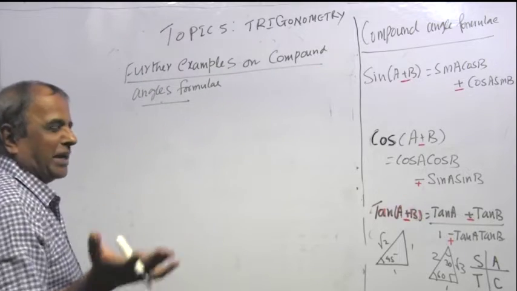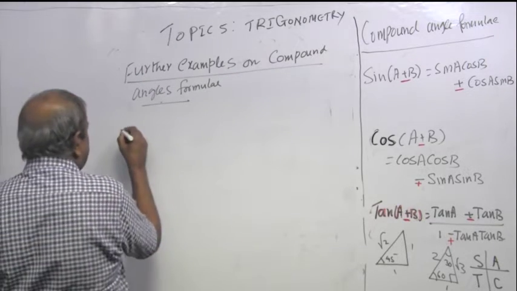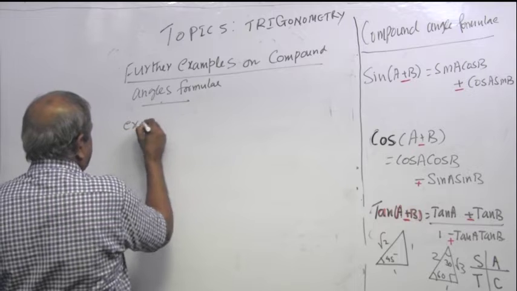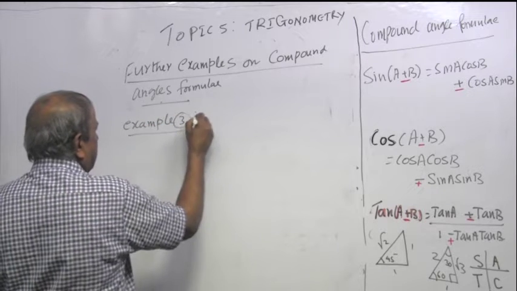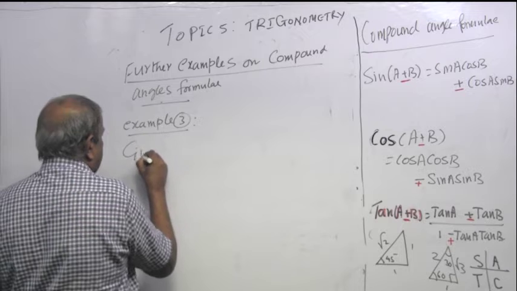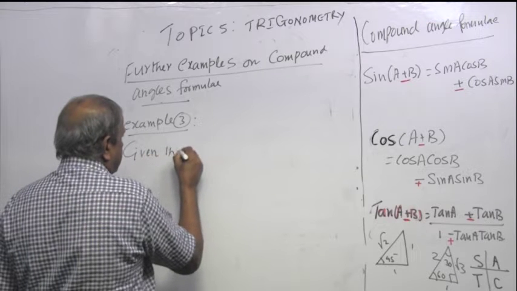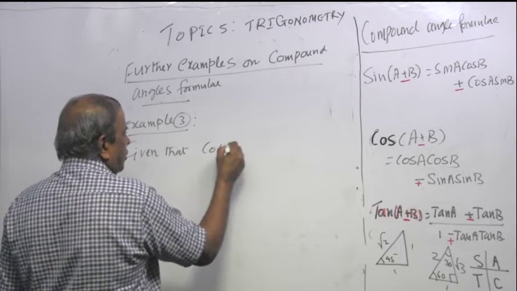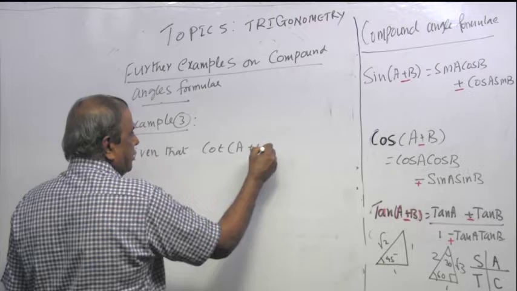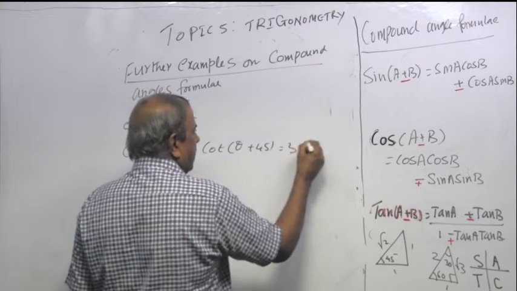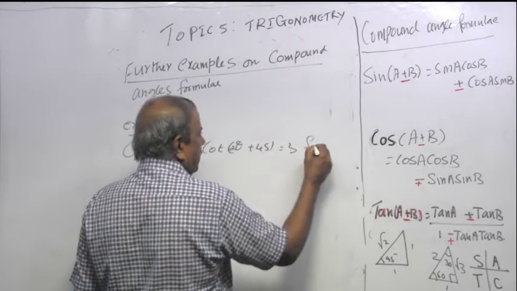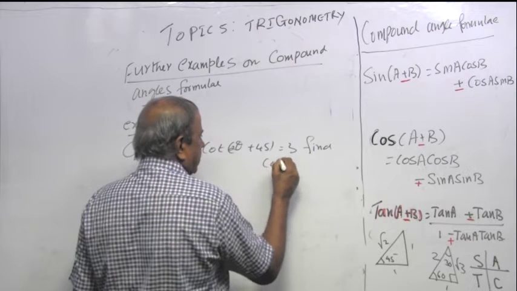I did examples 1 and 2, I think, so let me do example 3. The numbering doesn't matter, it's the example that's important. Suppose you're given that cot of theta plus 45 equals 3. Find cot 2 theta.